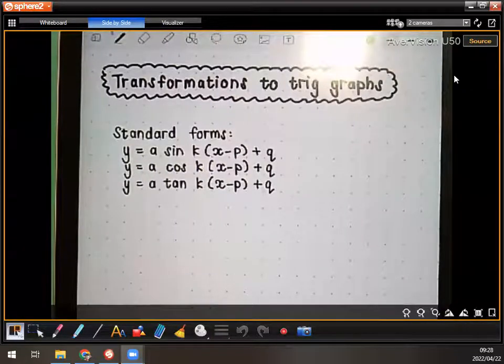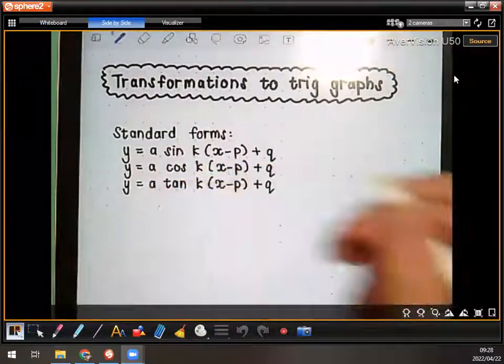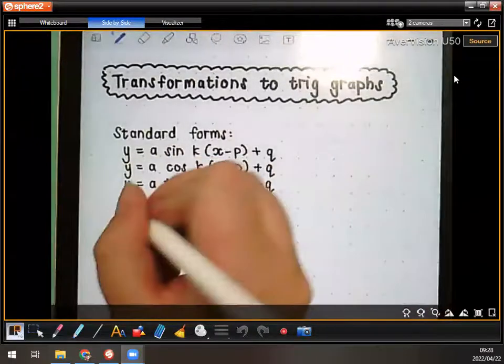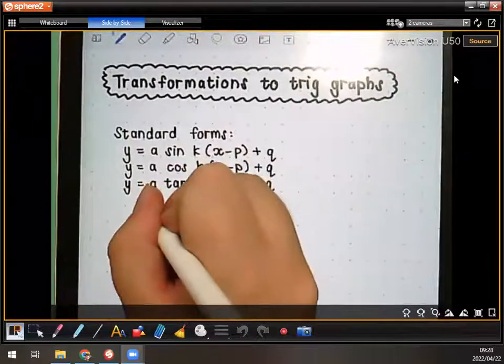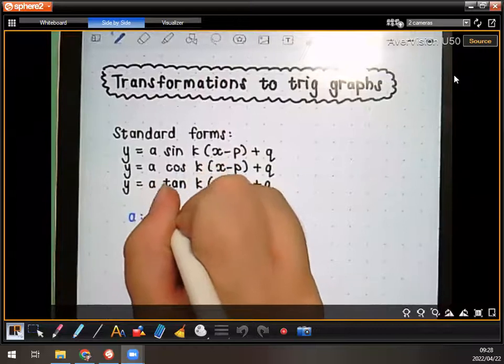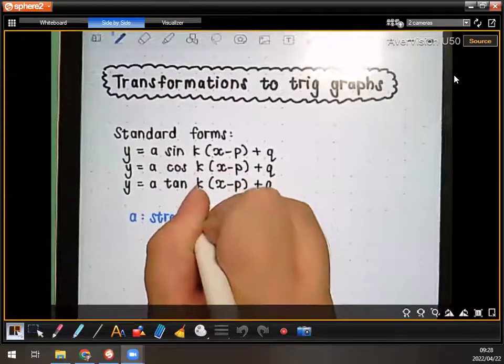Okay, we're just going to recap quickly what each of these variables do to the graph. All right, so we know that the a value stretches the graph.